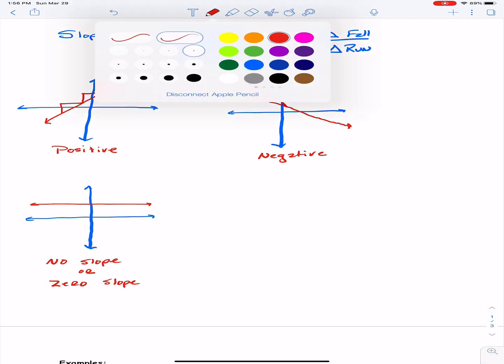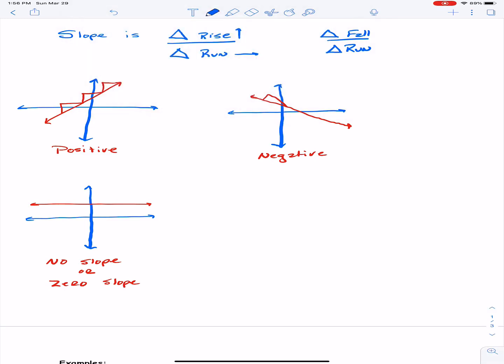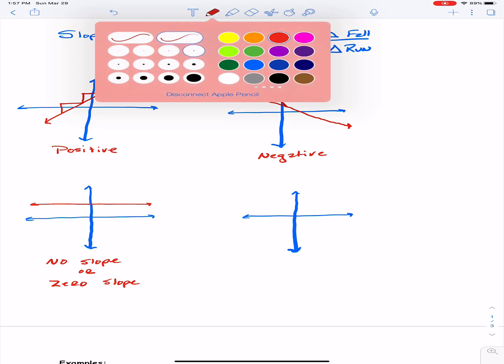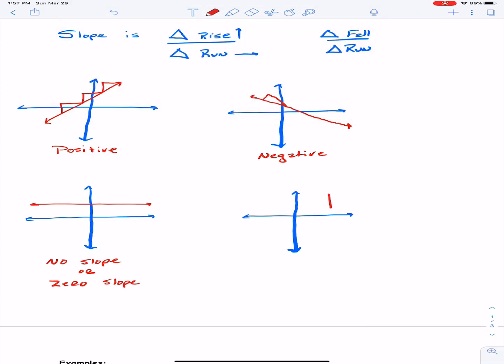And a lot of people will argue about the next one. The next one is really not considered a slope, but we need to discuss it at this point, okay? It's called an undefined line. And this kind of slope, or it's not really a slope, is a vertical line, okay?